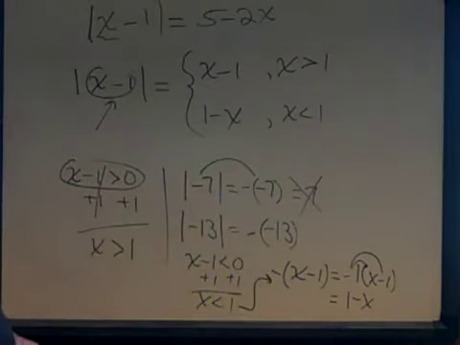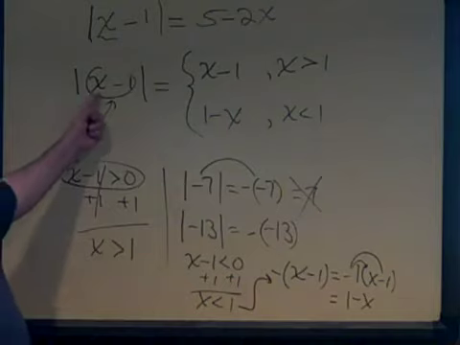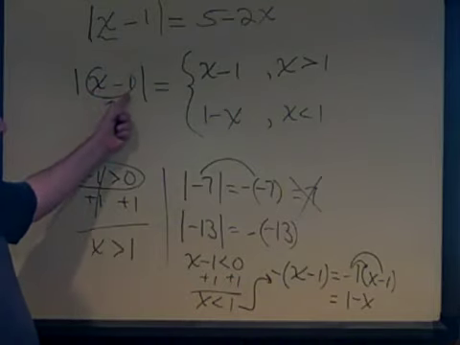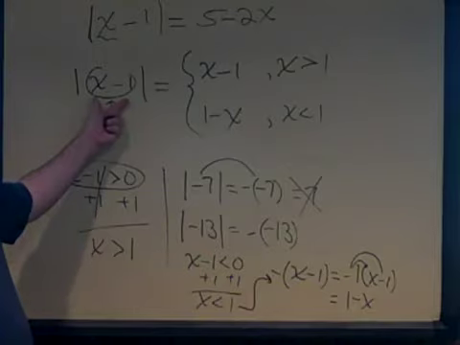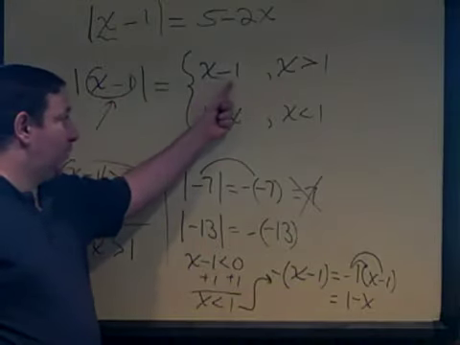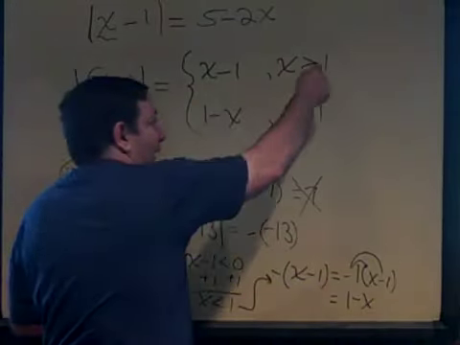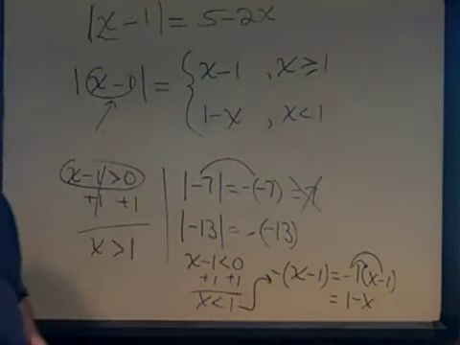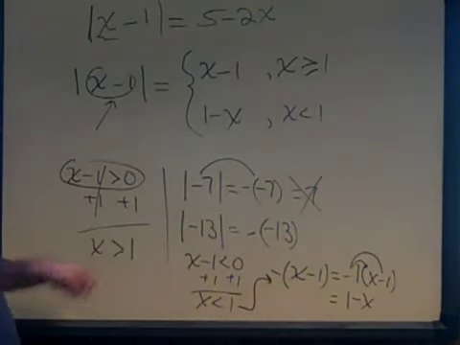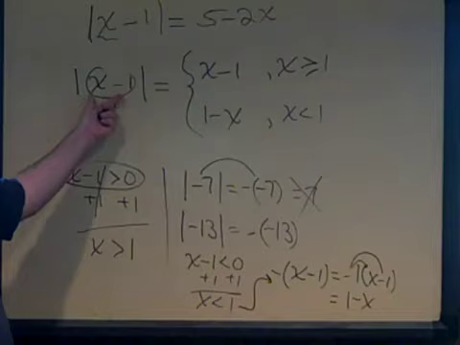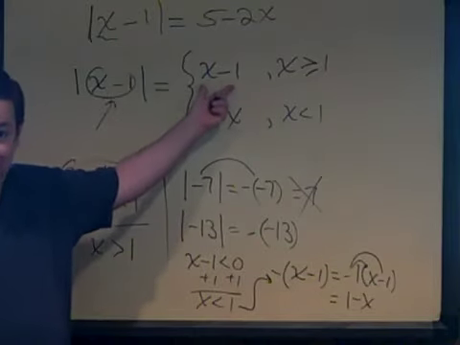Now, if x minus 1 is 0, that is if x is 1, the absolute value of 0 is 0. Well, 1 minus 1 is 0. I can sneak the equal sign in there. If x is equal to 1, the absolute value of x minus 1 is x minus 1.